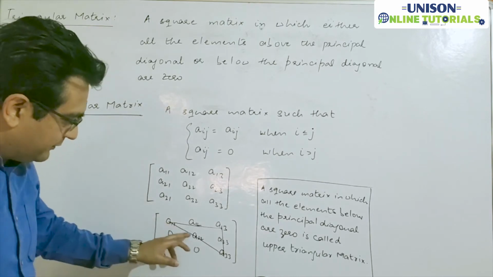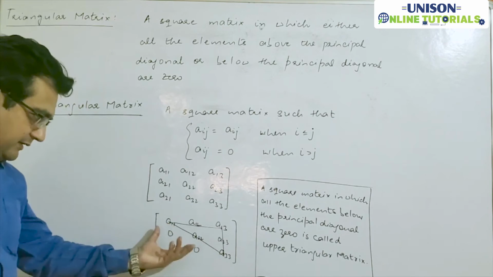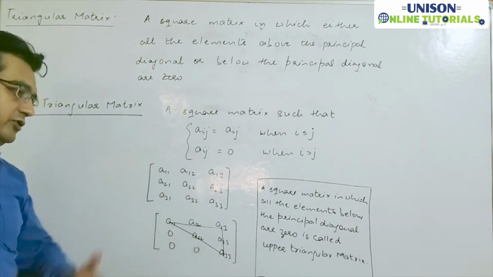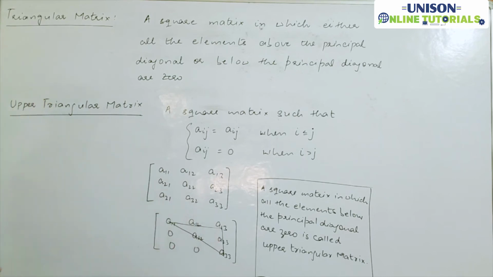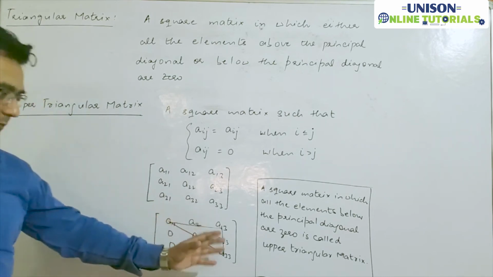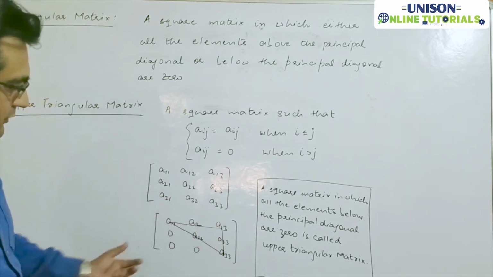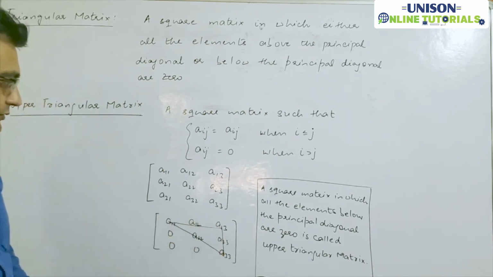This is the principal diagonal. इसके नीचे के सारे एलिमेंट्स जीरो हैं, लेकिन ऊपर के एलिमेंट्स सारे जीरो नहीं हो सकते. So this is upper triangular matrix.